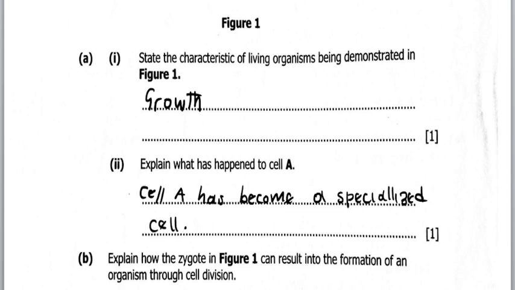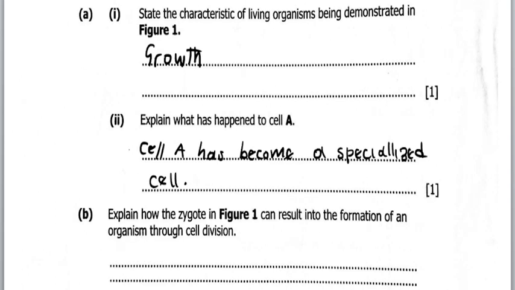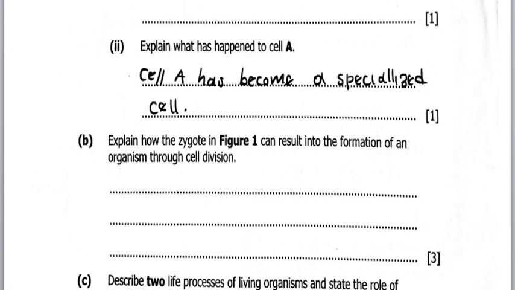Right, we proceed. We look at part B. Explain how the zygote in figure 1 can result in the formation of an organism through cell division. So we're going to look at what cell organization is. I mostly use this memory aid, CTOSO.